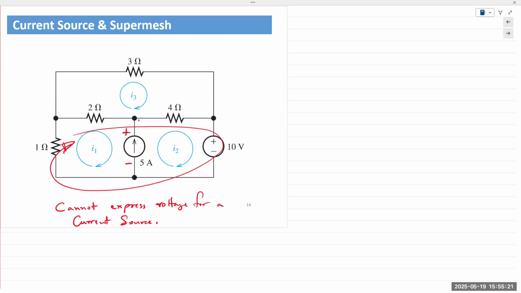The important thing to keep in mind though is this. Even though you're combining the two meshes, the two mesh currents remain independent, okay? The two mesh currents remain independent.